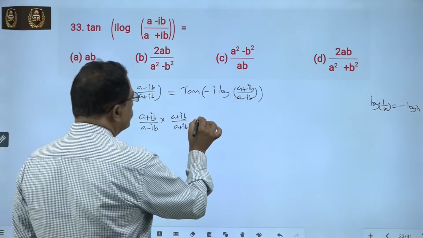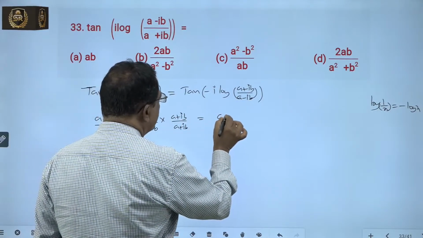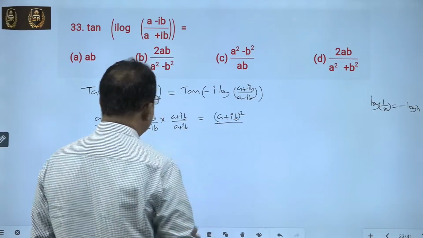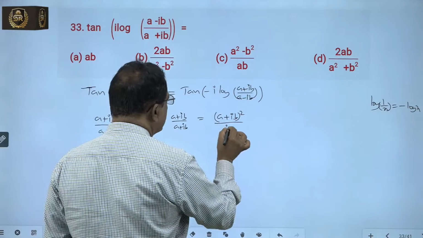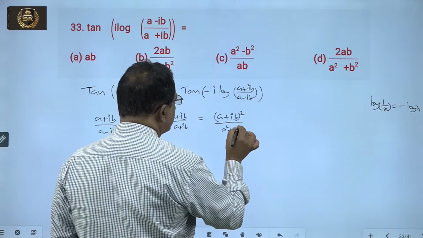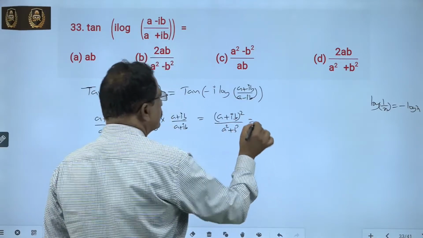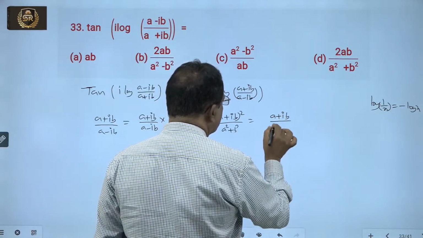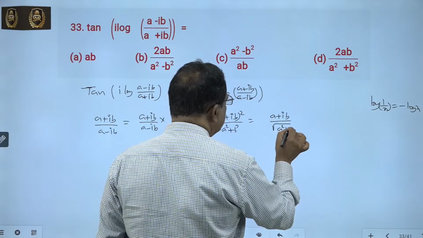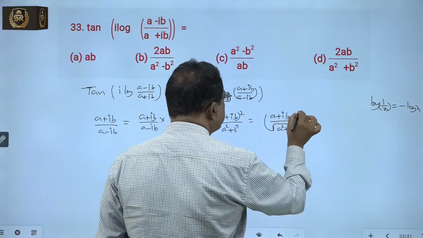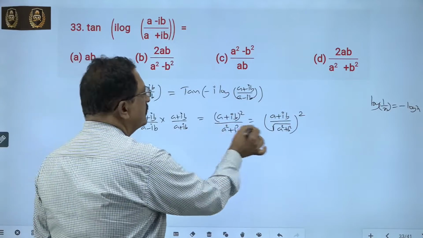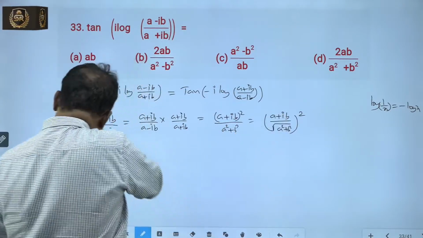Now that equals numerator (A plus iB) whole square by A square plus B square, or it can also be written as (A plus iB) by root of A square plus B square, whole square, because in the denominator we put square root and square.